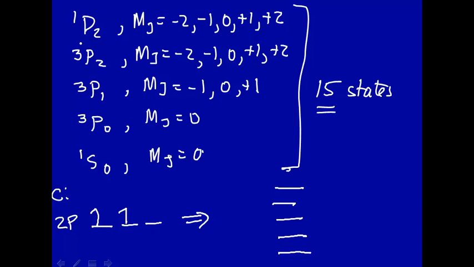The ground state has maximum multiplicity, so that'll be the 3. Then we have maximum L. Well, they all have the same value of L. We have the minimum value of J. So this will be a 3P0. We can't use Hund's rule to figure out what the next level is, but the next level is 3P1. The next level up there is 3P2. Then comes the 1D2, and finally we have the 1S0.